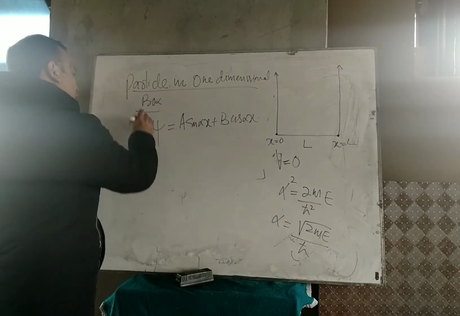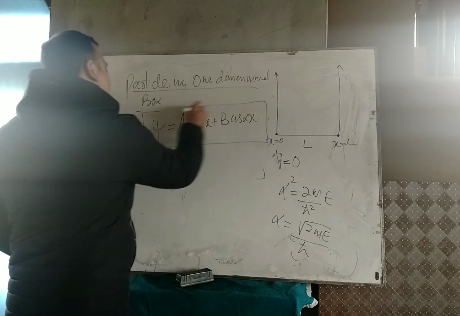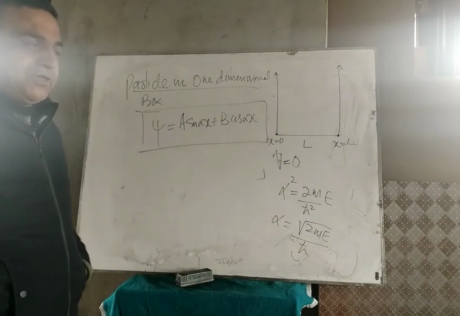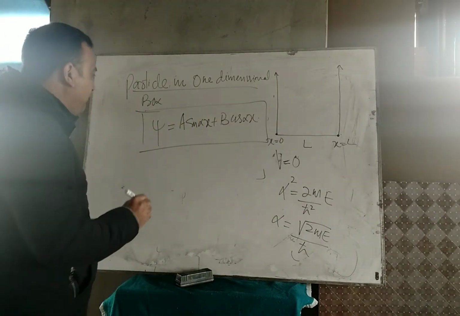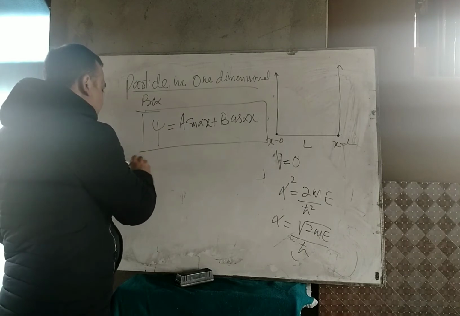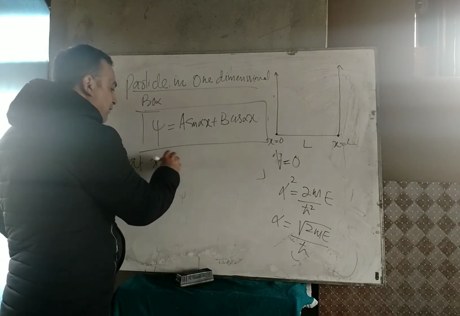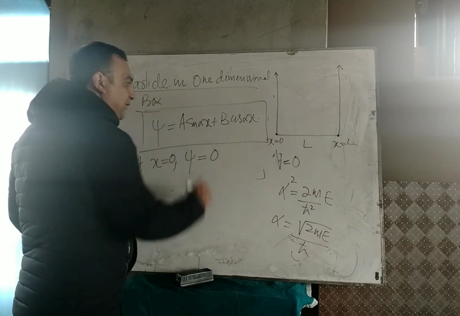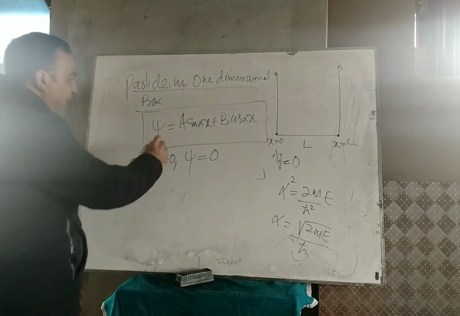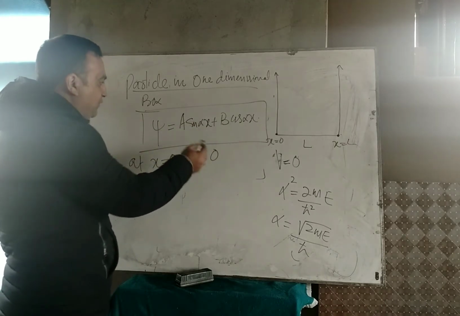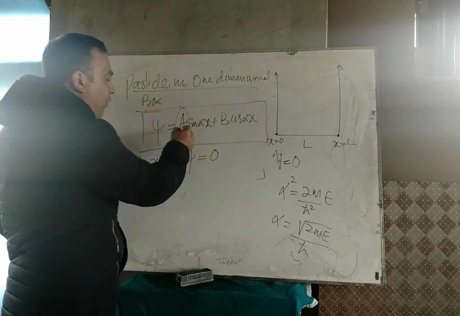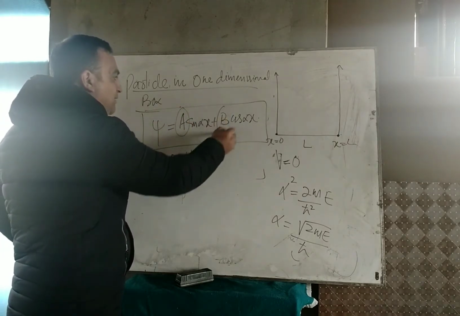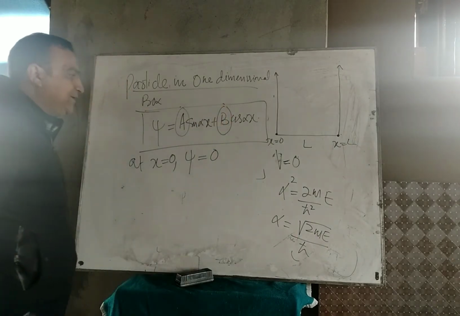Now this is my wave function, and I would like to use the boundary conditions. The very first boundary condition will be at x equal to 0. At x equal to 0, psi will also be equal to 0. Because in this equation I have unknowns: a is a constant, I don't know its value, and b is a constant, I don't know its value.